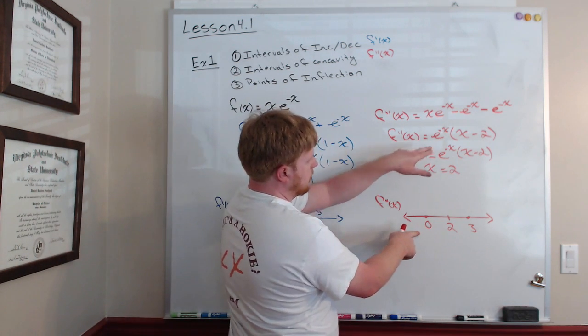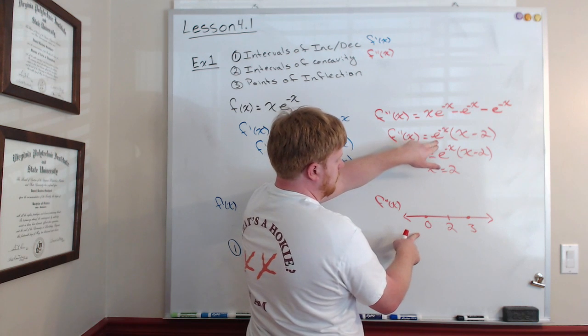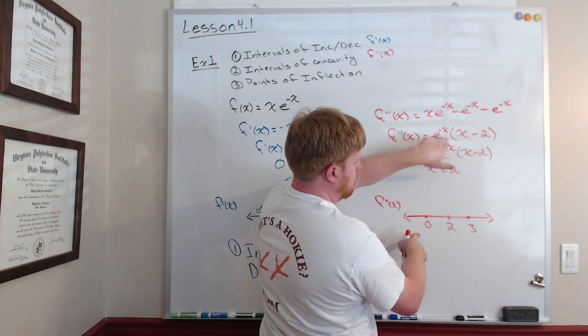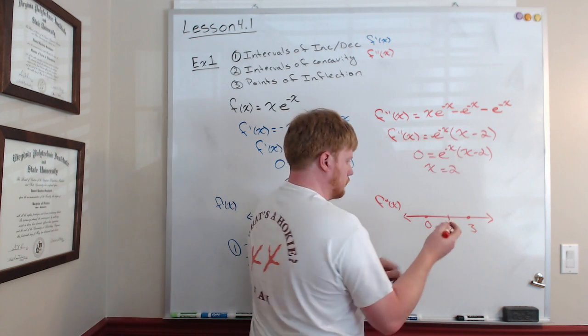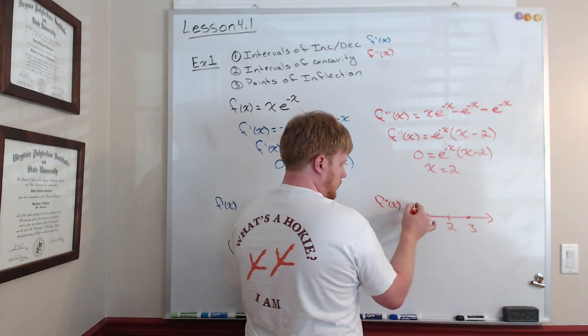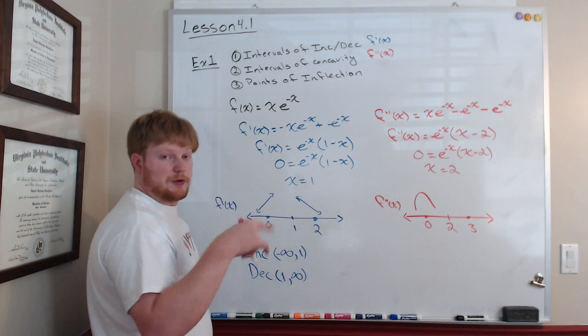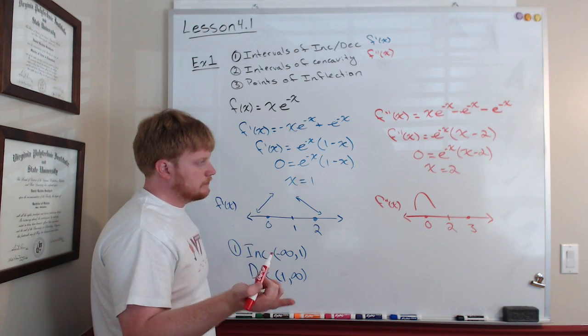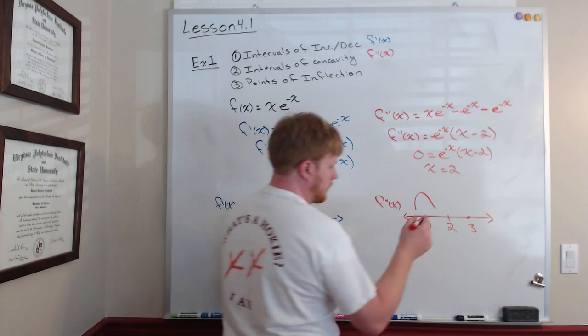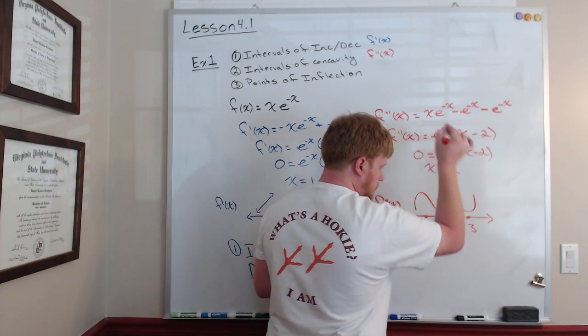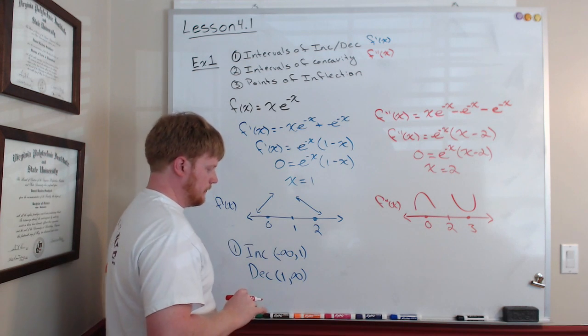So when I plug in 0, I get 1 times negative 2, which is negative, which implies concave down. When I plug in 3, I get e to the negative 3 times 1, which is positive, which implies concave up.